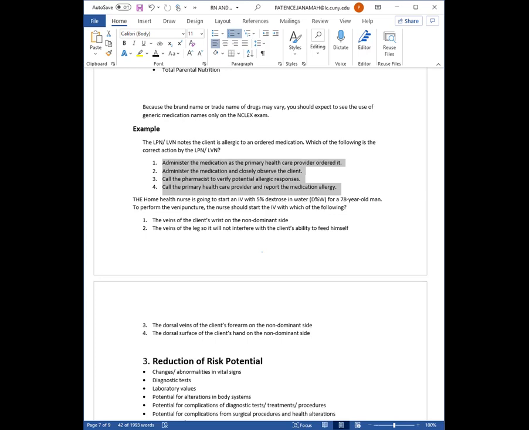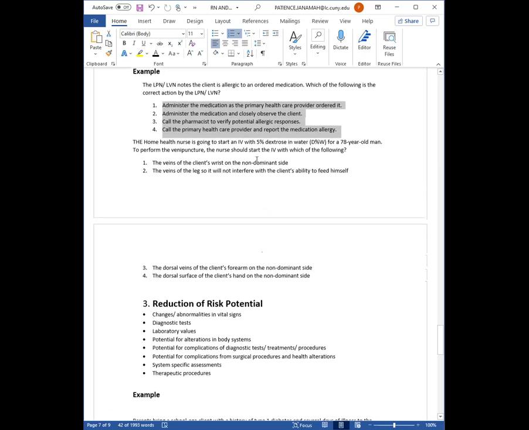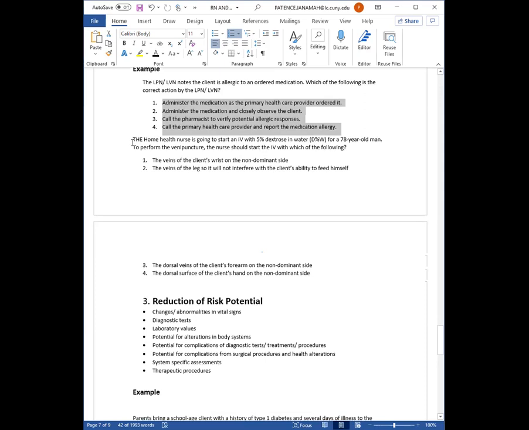Number 4, call the primary healthcare provider and report the medication allergy. Yeah, that's the correct action you will take. You have to call the doctor, let the doctor know, and report the allergy. Okay, so that was an easy one.